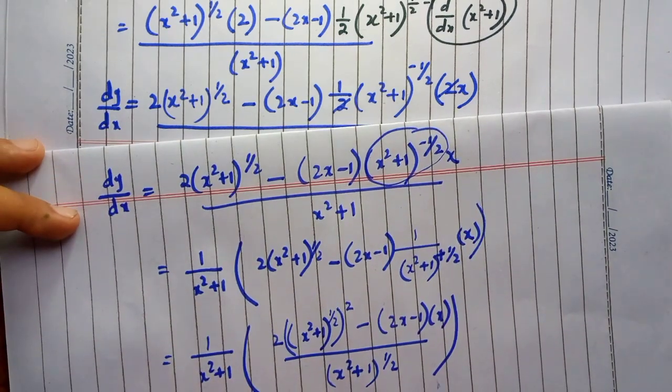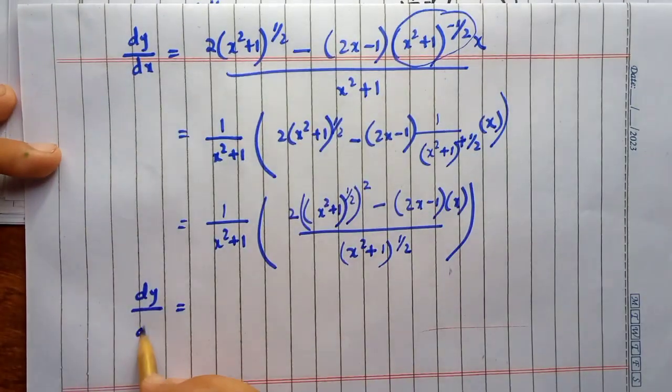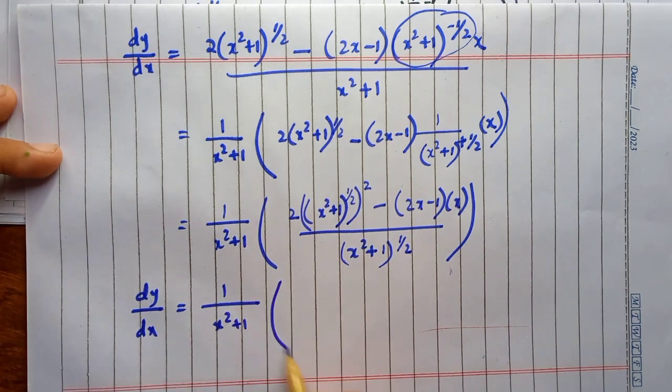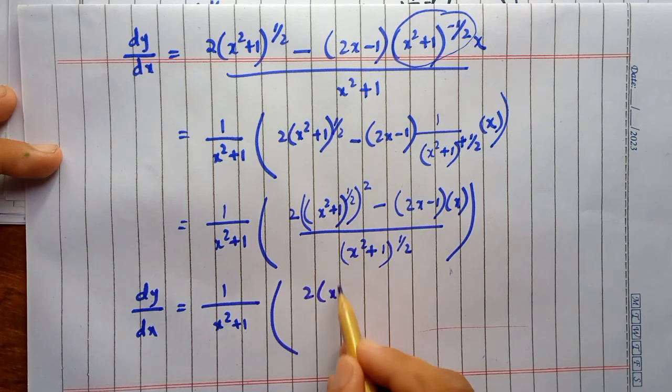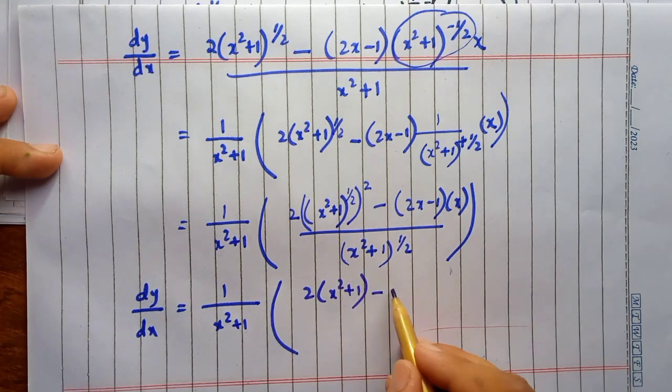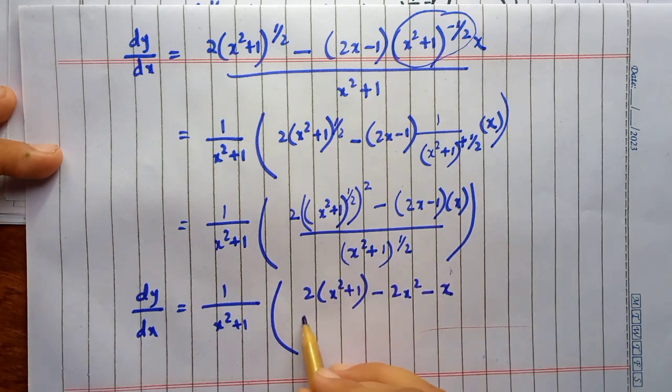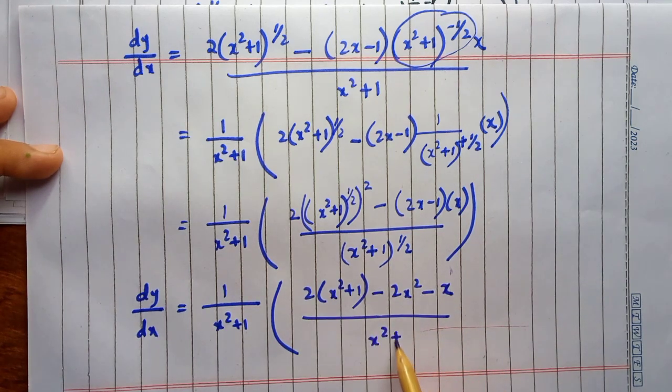dy over dx will be equal to 1 over x square plus 1, and this will be 2 x square plus 1 minus 2x square minus x divided by x square plus 1 raised to the power 1 over 2.